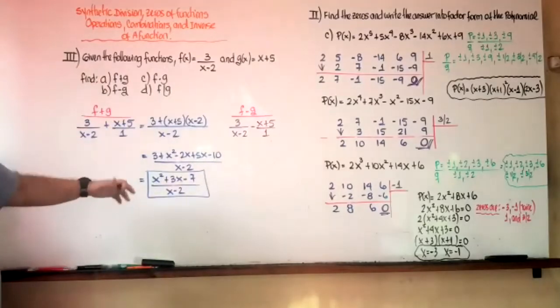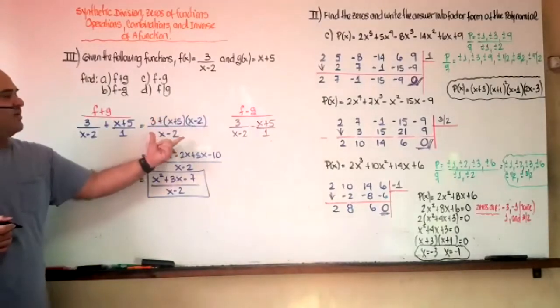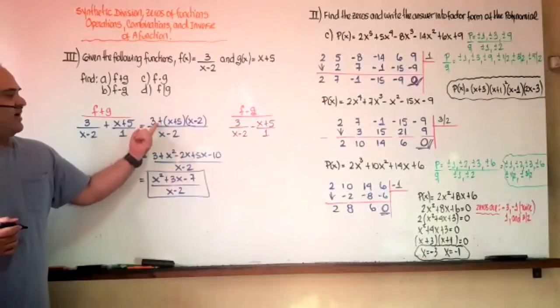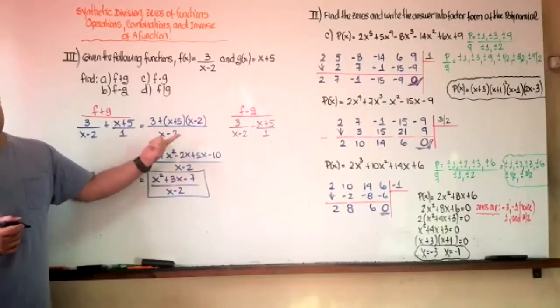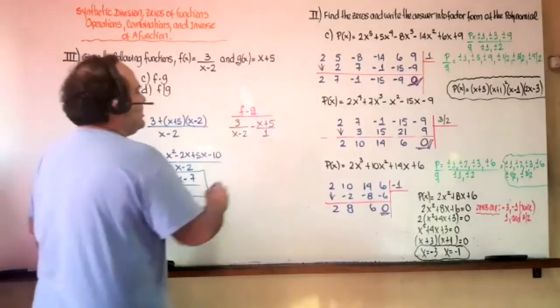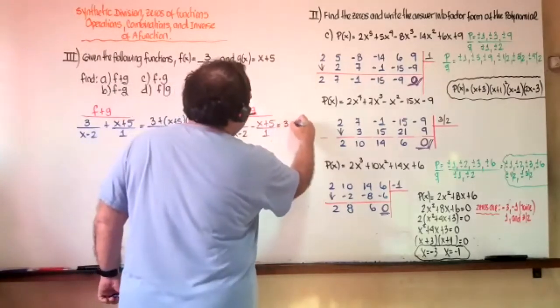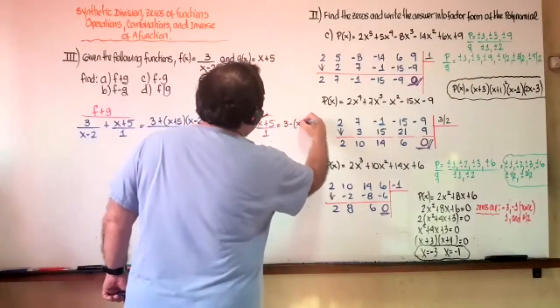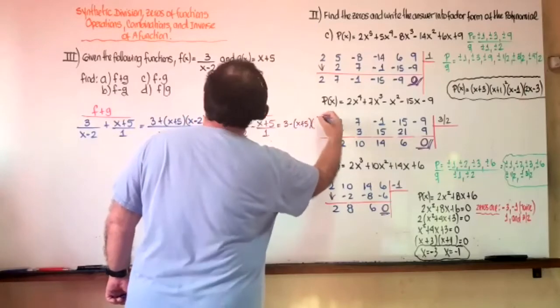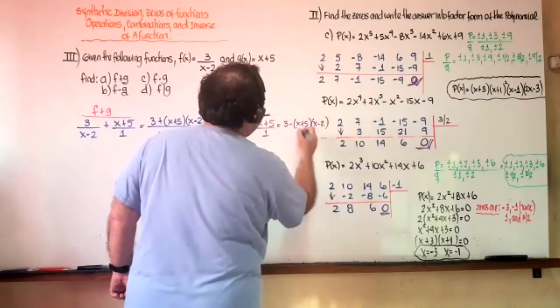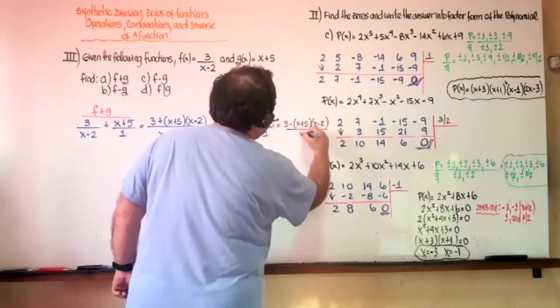Same happened over here. Actually, the result will be the same, but what will be the difference? Instead of a positive number over here, we're going to have a negative expression. I mean, 3 minus x plus 5 times x minus 2, over x minus 2.